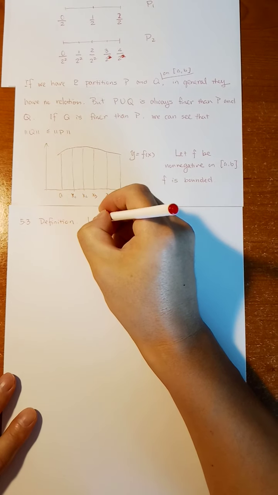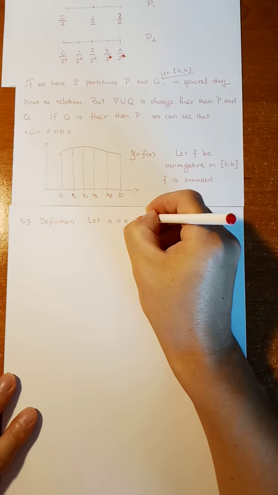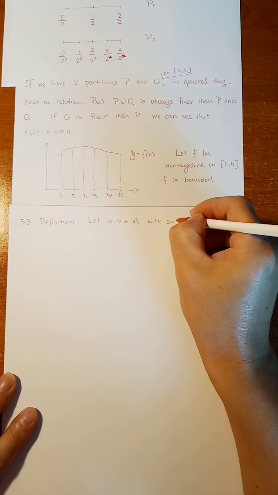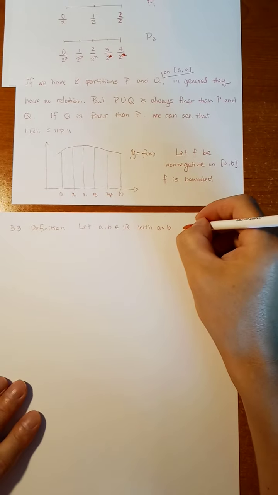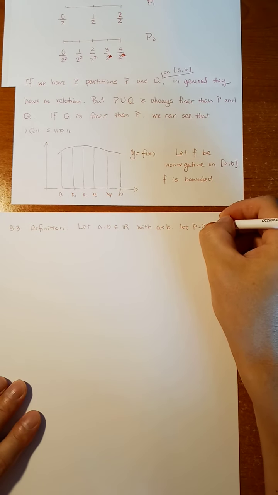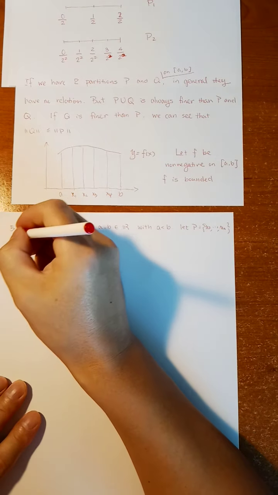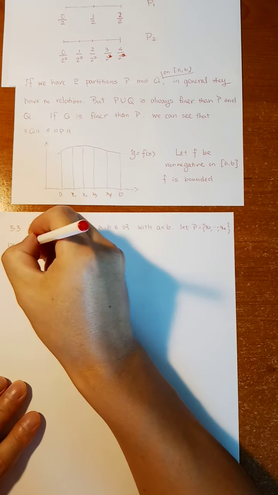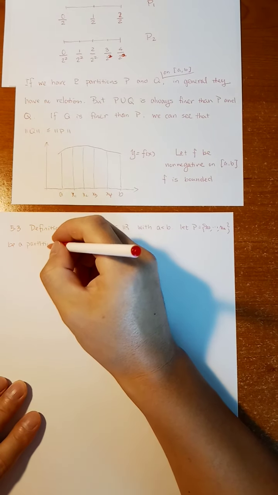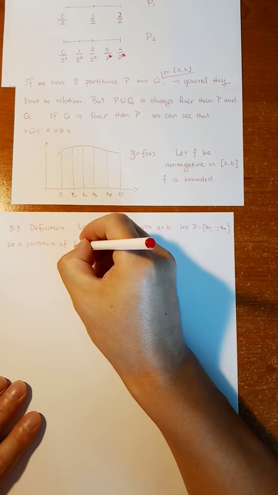Okay. So let a, b be in R with a less than b. Let P = {x0, ..., xn} be a partition of [a, b].